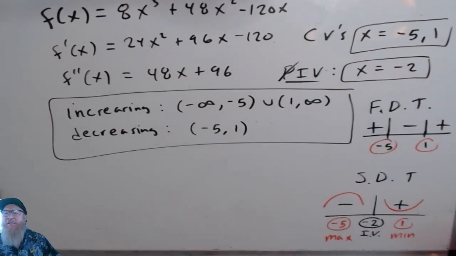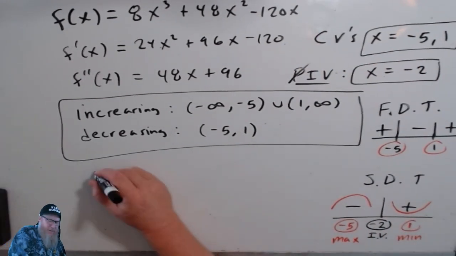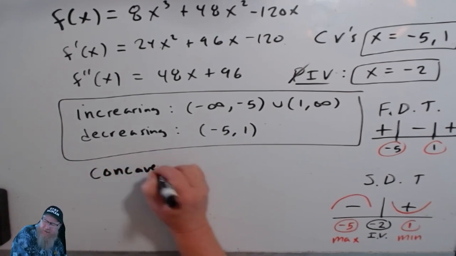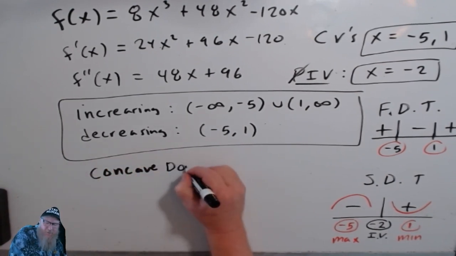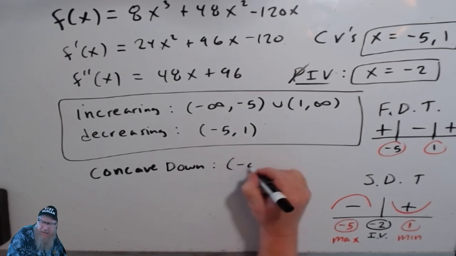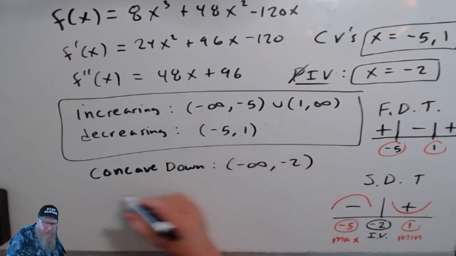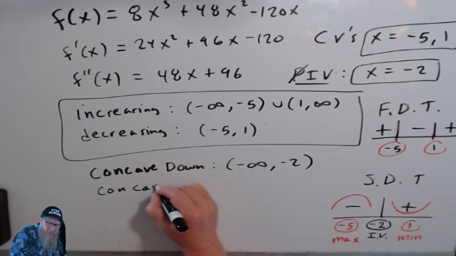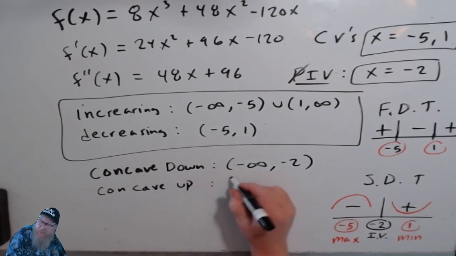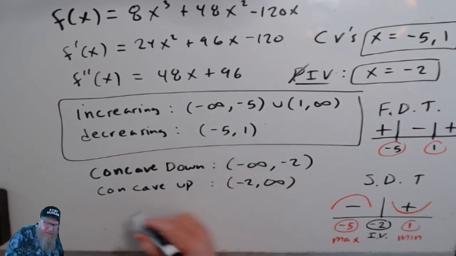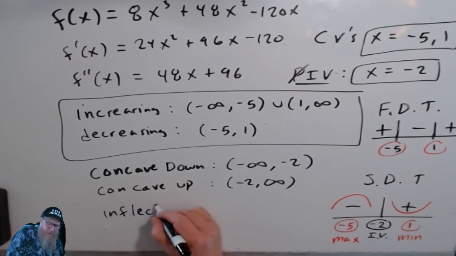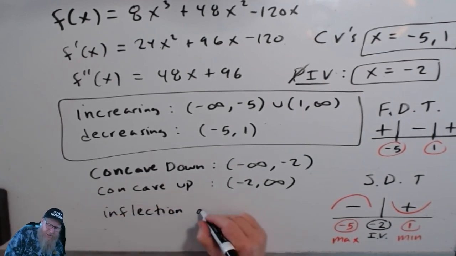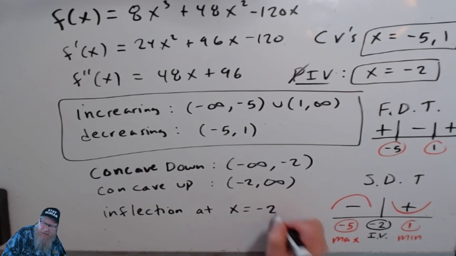So it's no longer possible. So we have concave down from -infinity to -2. Concave up from -2 to infinity. And then we have an inflection at x equals -2.